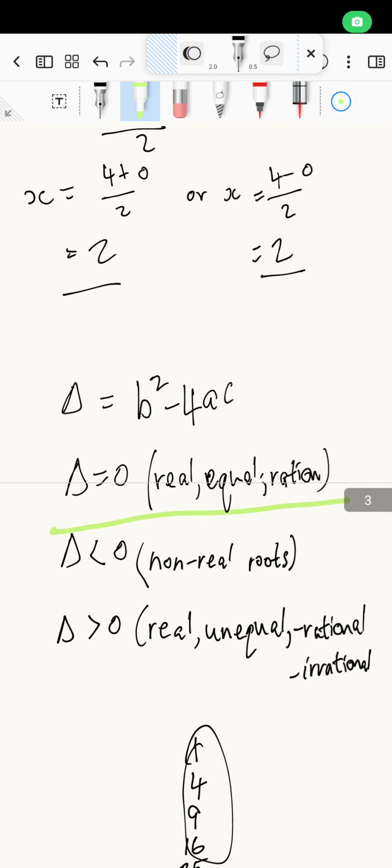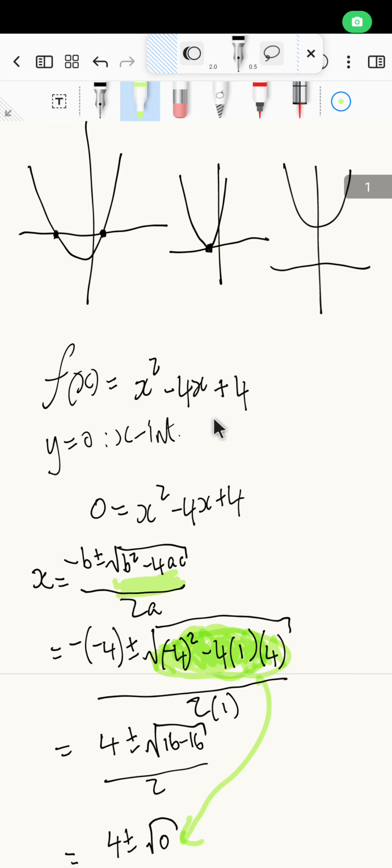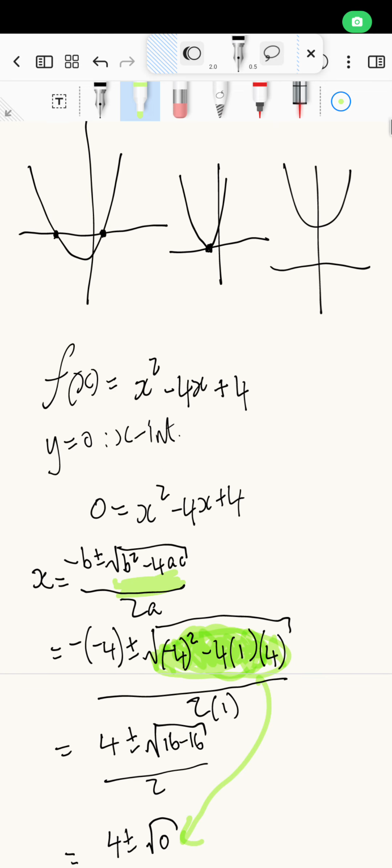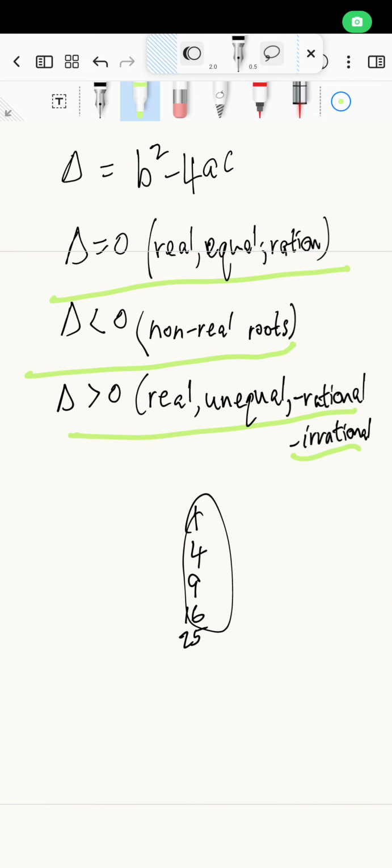If delta is a negative number, then it's going to be non-real roots, the picture on the side over here. And lastly, if delta is positive, bigger than 0, it's definitely going to be this picture, but then the values are going to be real, unequal, and either rational or irrational. Rational when delta is a perfect square, irrational when it's not. Okay, let's get into the question.